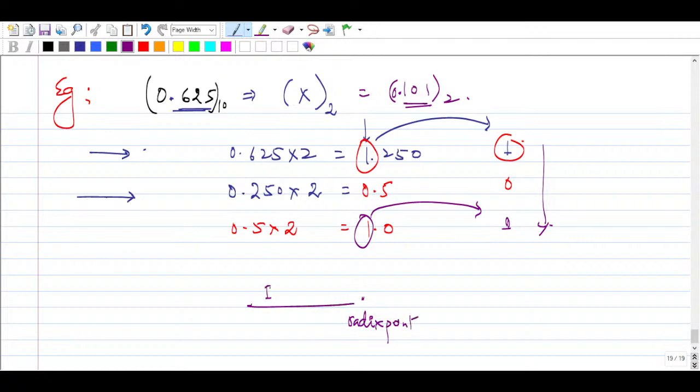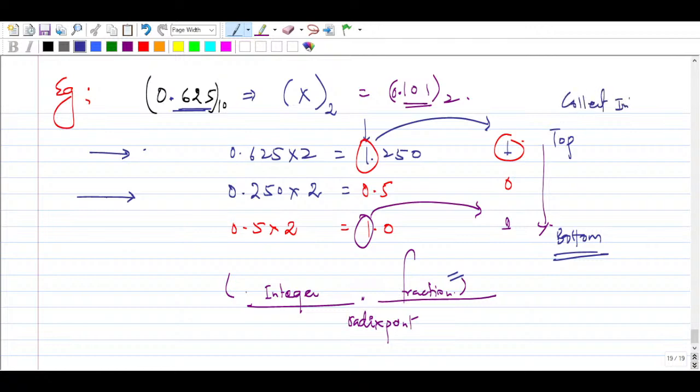This part is going to be the integer part, and this is your fractional part. So for the integer part, you have to do successive division, right? And for the fractional part, you have to multiply and go from top to bottom, and what you have to collect here is the integers.